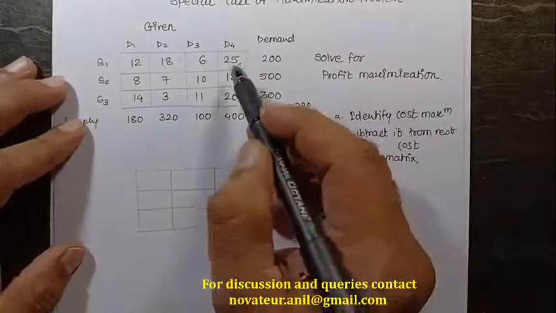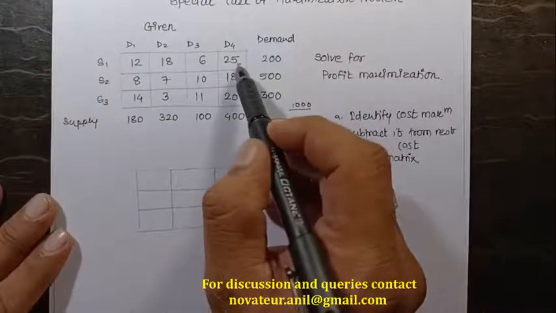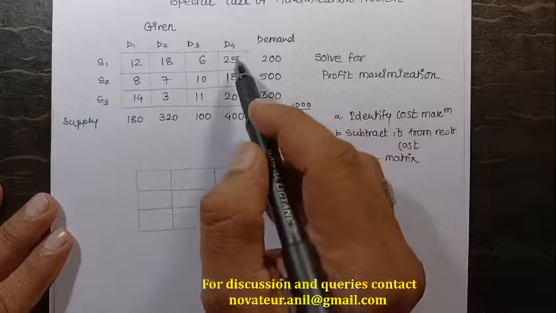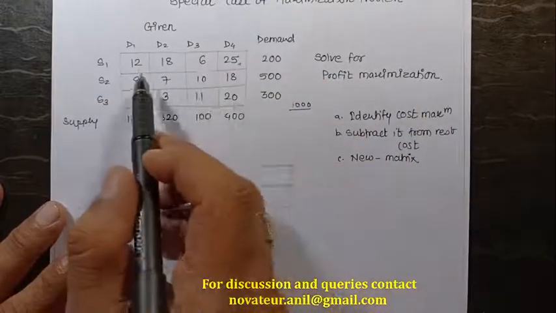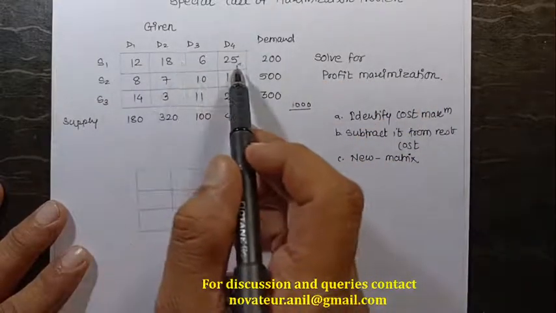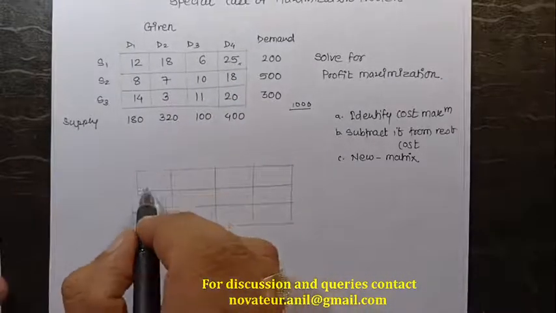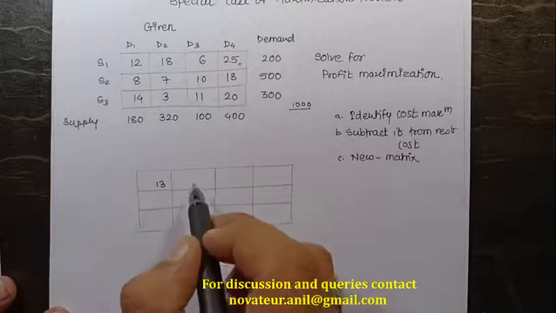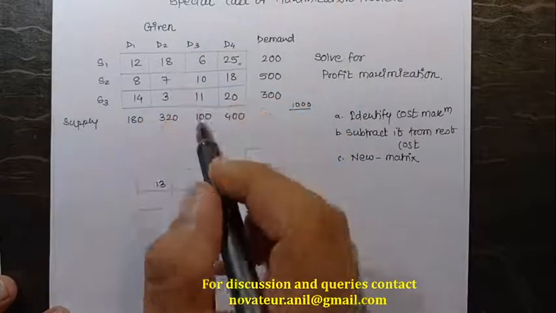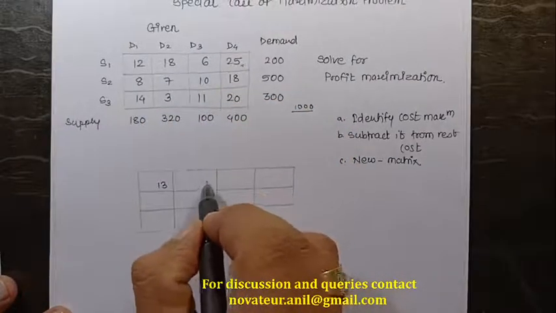So here the highest transportation cost is 25. What I'm going to do is subtract each of the elements from 25. So 12 minus 25 will give me 13 here, and then 25 minus 18 is going to give me 7.